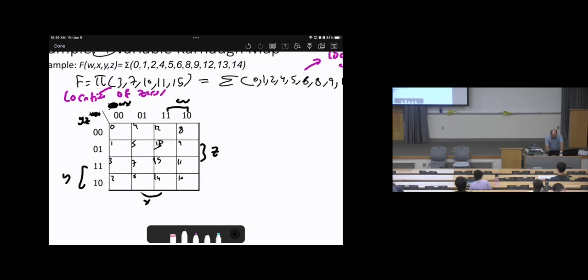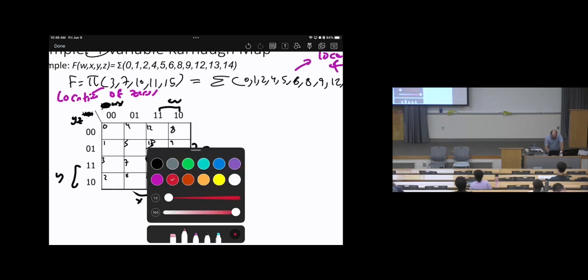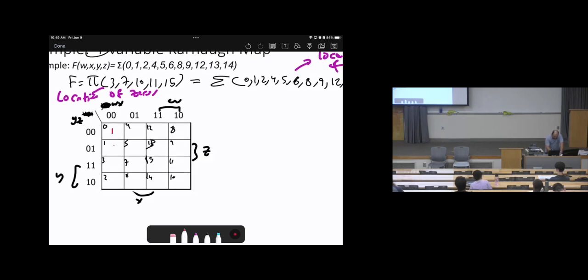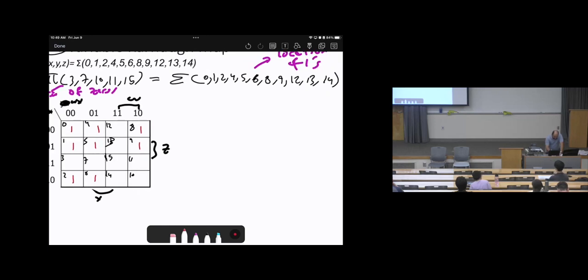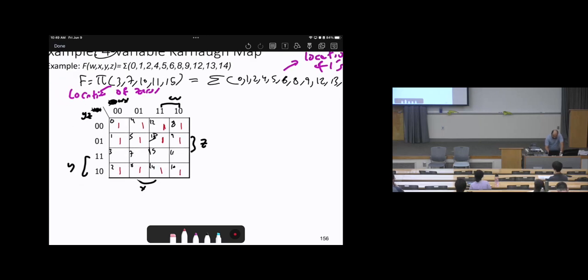Now, let's put the location of ones. We have 0, 1, 2, 4, 5, 6, 8, 9, 10, 12, 13, and 14. Okay. Now we need to group this. How can we group it?